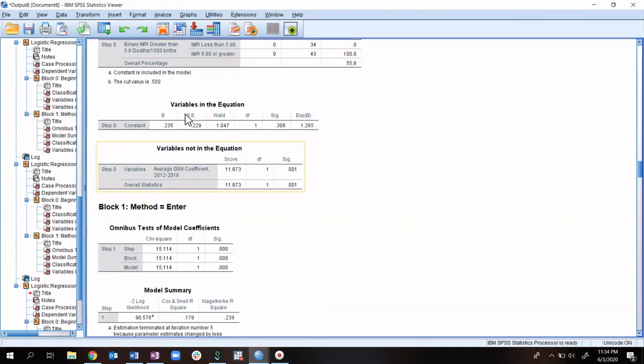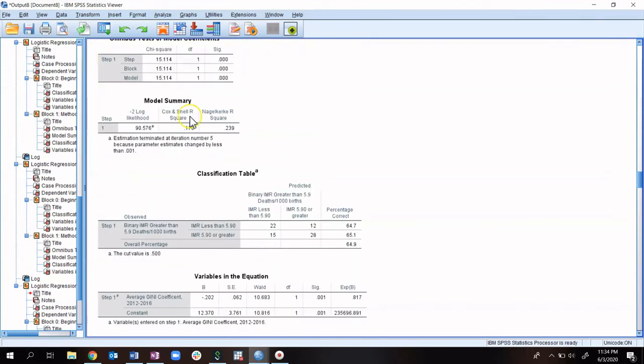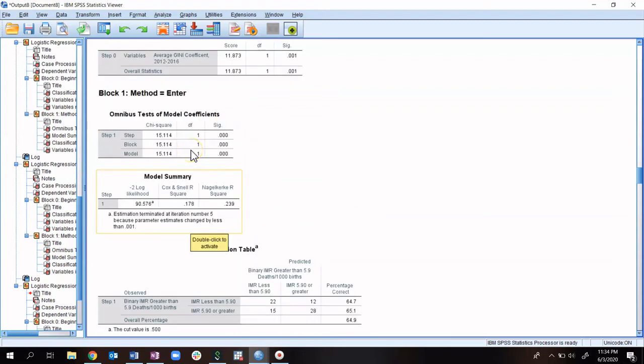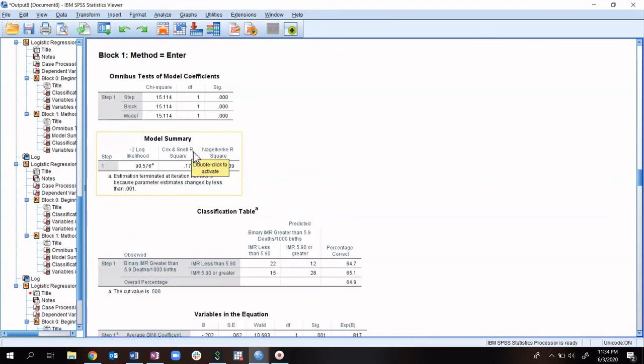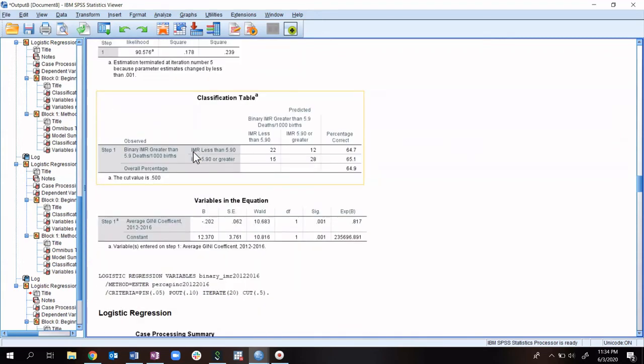For the Gini coefficient, we have a Albuquerque of 0.239, so about 23.9% of the variation in the odds of having an IMR higher than a national average is explained by the average Gini coefficient for community area. And then it is significant, so at the 0.001 level, so we have a probability of 0.001 that these results were achieved by accident or by chance.